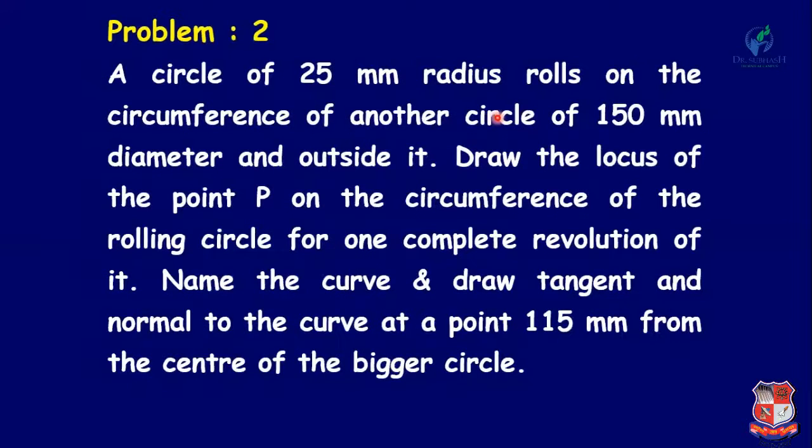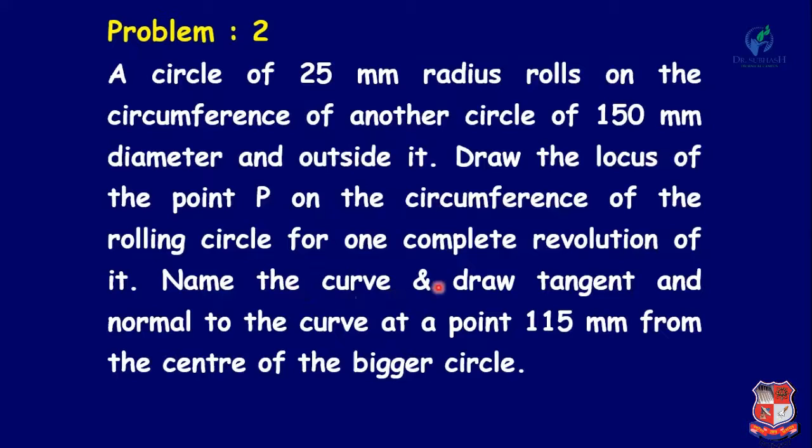Now let us understand the epicycloid by one problem. A circle of 25 mm radius rolls on the circumference of another circle of 150 mm diameter and outside it. Draw the locus of point P on the circumference of the rolling circle for one complete revolution of it.